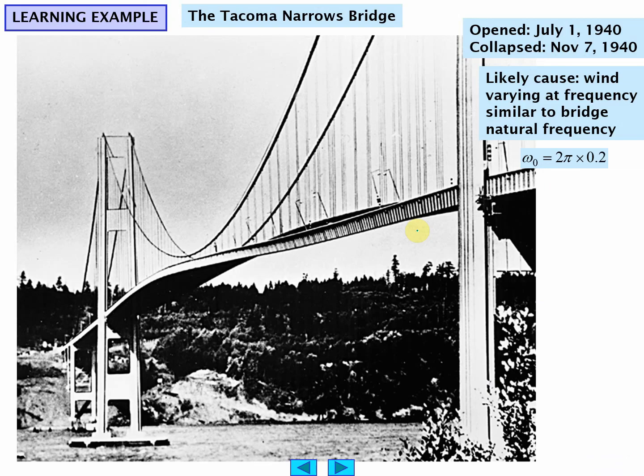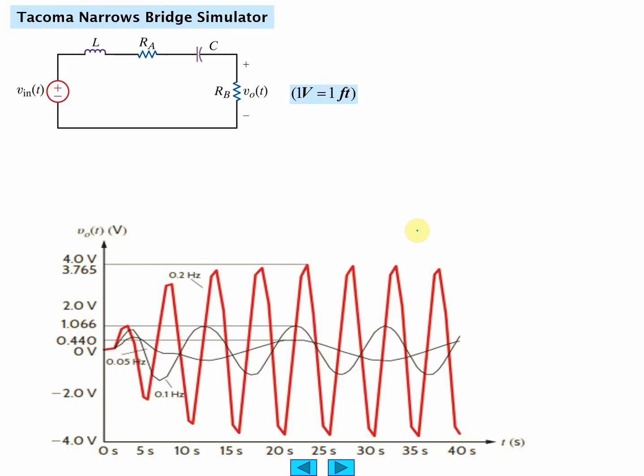This is an example, the Tacoma Narrows Bridge. It was caused by aeroelastic flutter, so a little bit of energy was added by the wind each time to the swaying bridge deck. The wind was not a constant 42 miles an hour.